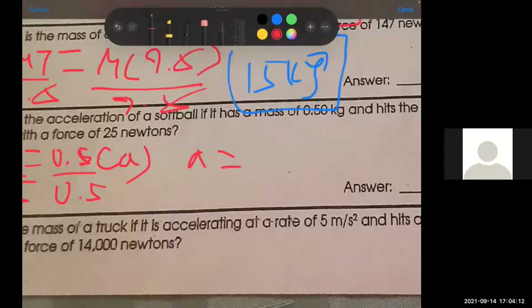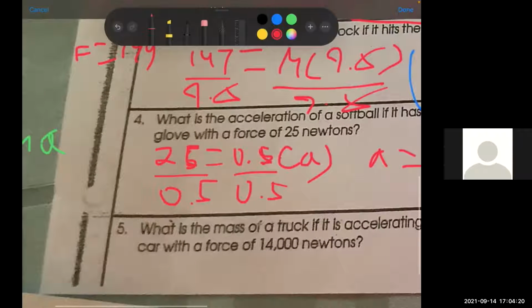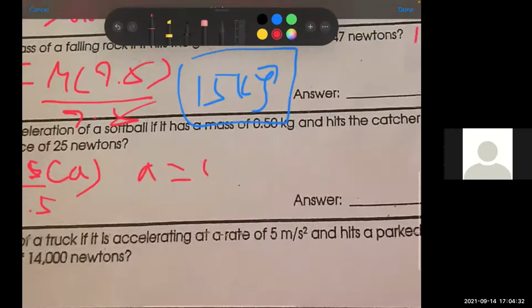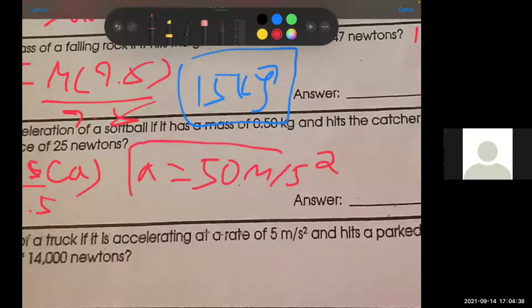So let's put that into our calculator. 25 divided by 0.5 will equal 50 meters per second squared as our acceleration.